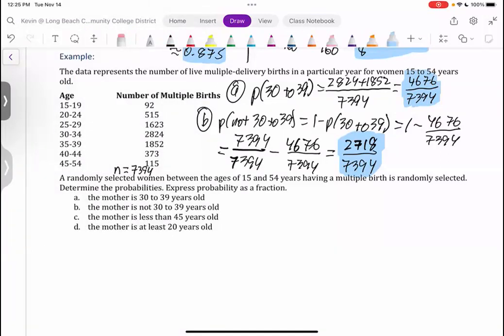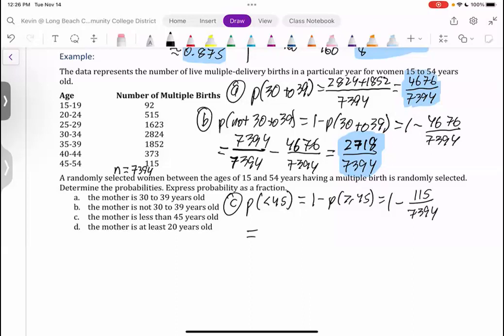All right, part C. Probability that the mother is less than 45 years. Now I could add all those up, or I'm going to do the complement. So this would be 1 minus, and how many are 45 and up? That's 115 over 7394.